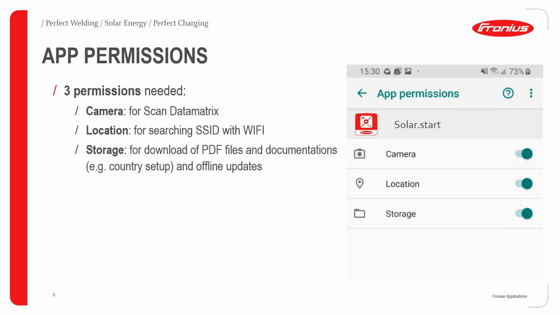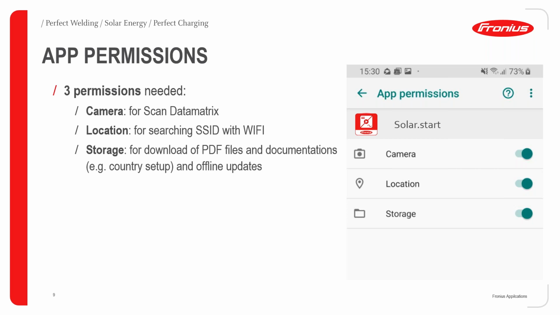There are many parameters available, so you can simply download it and submit it to whoever needs it. Sometimes the customer wants it, or sometimes the grid owner wants it. So it's up to you to whom you submit it. That's why we need to access the storage of your mobile phone.